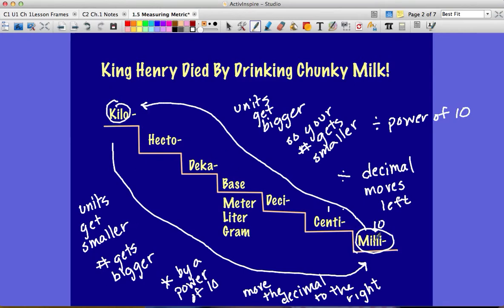So you can fit a lot of millimeters into a kilometer. Remember, a millimeter was the thickness of a dime. Think of how many dimes you could stack next to each other and fit inside 6 city blocks. That's why the number of these inside of one of these is so large, because these are so tiny you can fit a lot of them into the bigger unit.